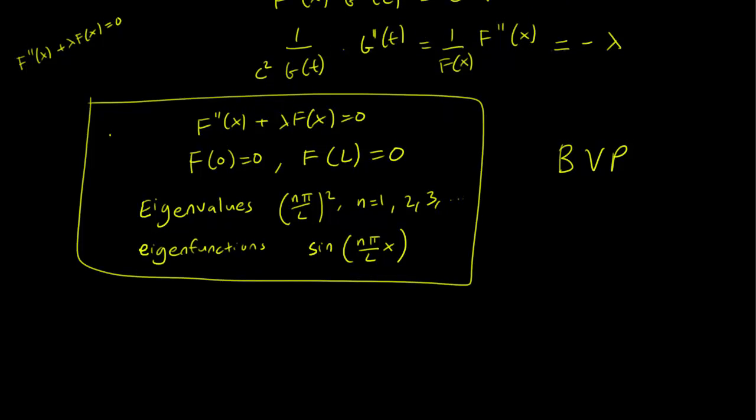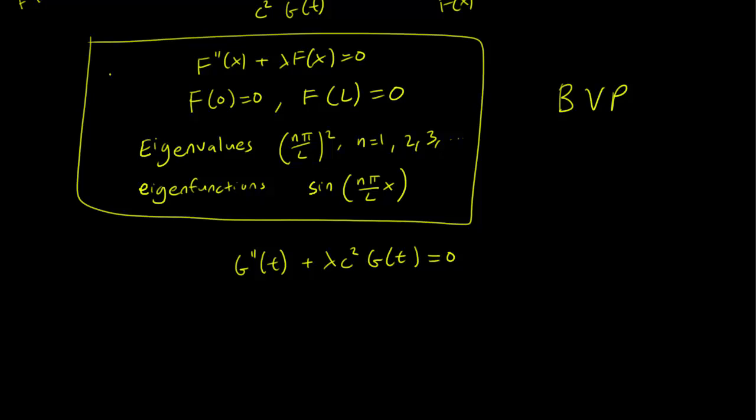And this one is given by g double prime(t) plus lambda c squared g(t) equals 0. And this one we can solve by our usual g equals e^(rt) method. We get r squared plus lambda c squared equals 0.